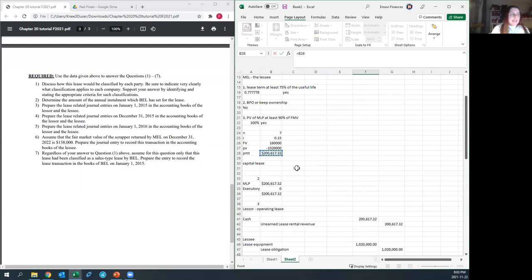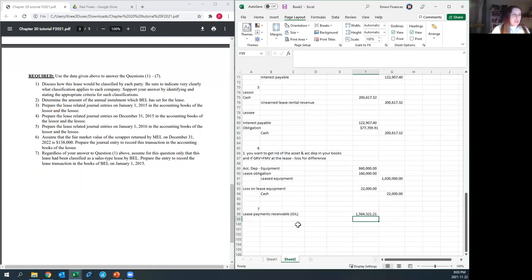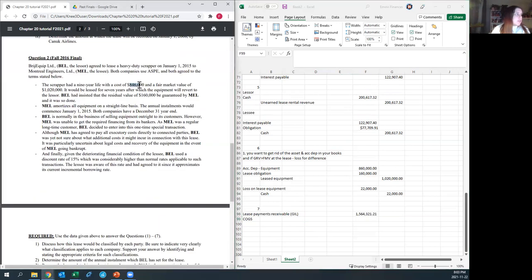of $617 times 7, plus your guaranteed residual value. And your COGS is your book value of $846,000. Then you have your sale of $1,020,000.